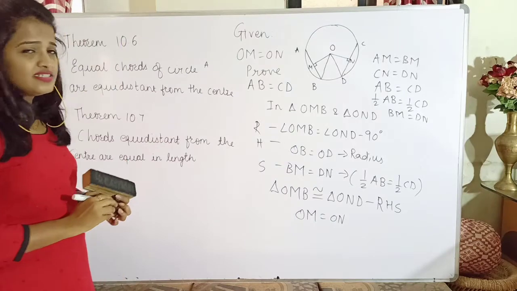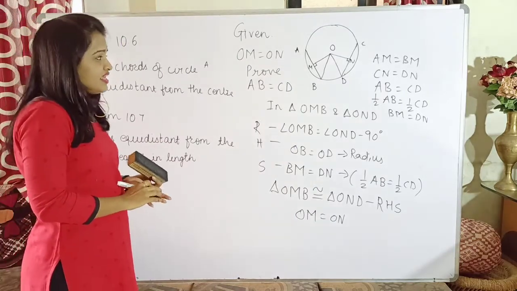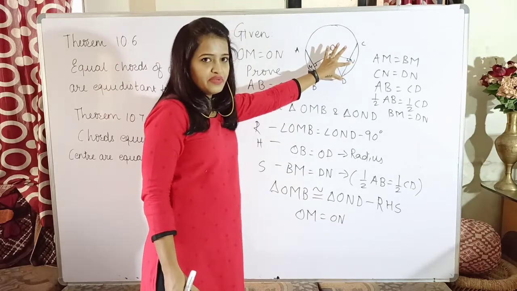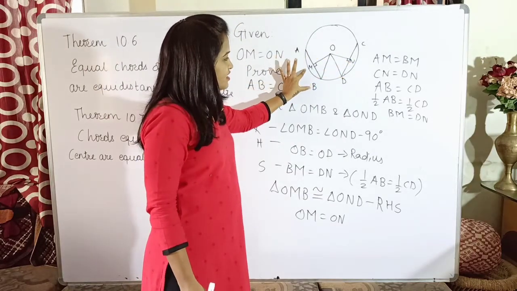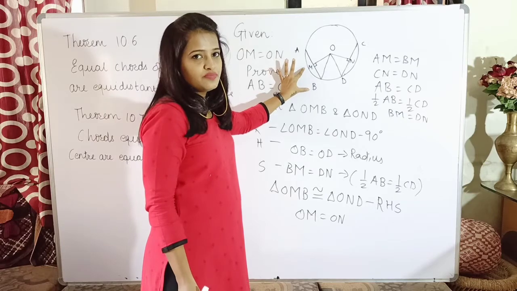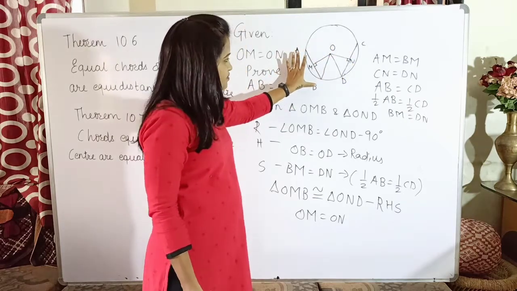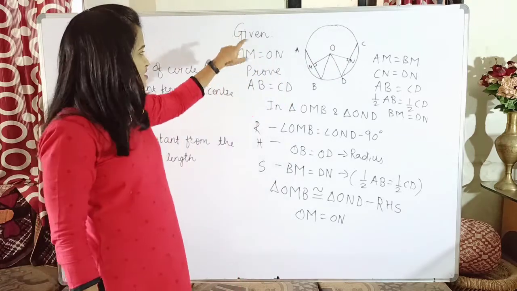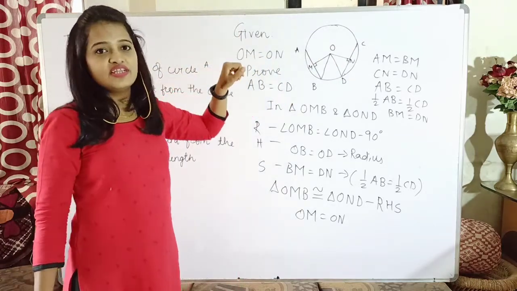Now let us consider the same two triangles. If I show BM equal to DN, and I make it twice, so twice BM equal to twice DN, twice BM is nothing but AB and twice DN is nothing but CD. Why? Because here they have said they are equidistant.